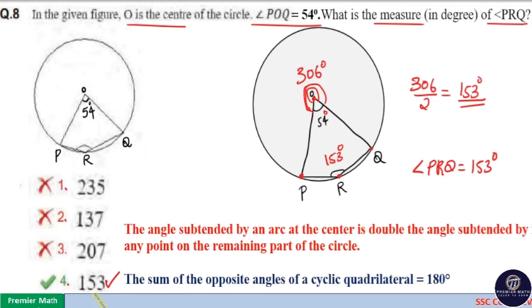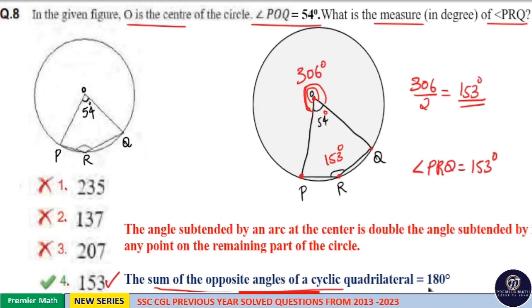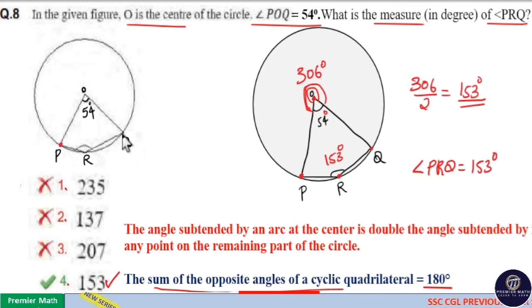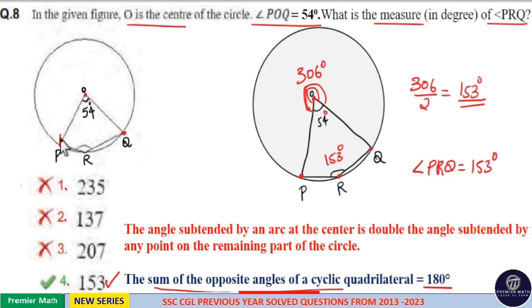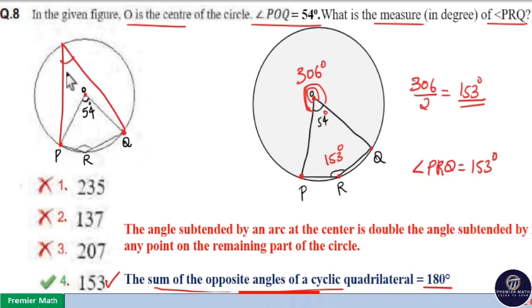Here, this is the concept and you can use sum of opposite angles of a cyclic quadrilateral as 180 degree. That is, here arc PQ create 54 degree with the center, which means arc PQ can create half of 54, 27 degree at any point on remaining part of the circle.